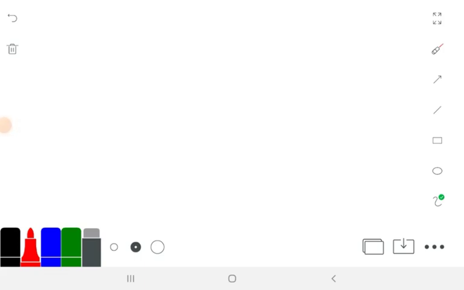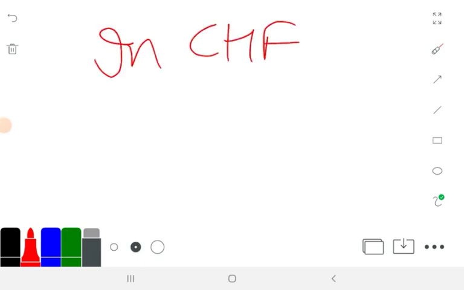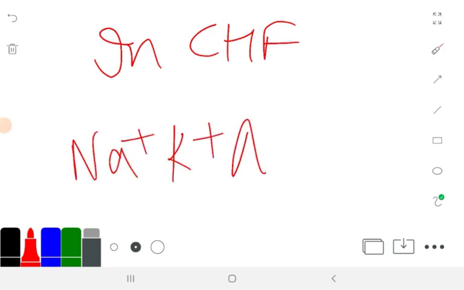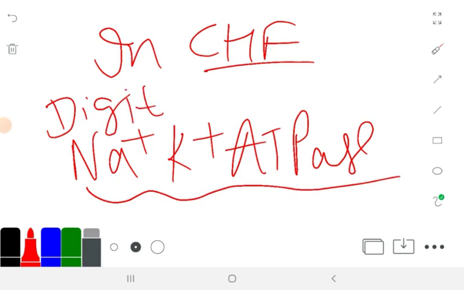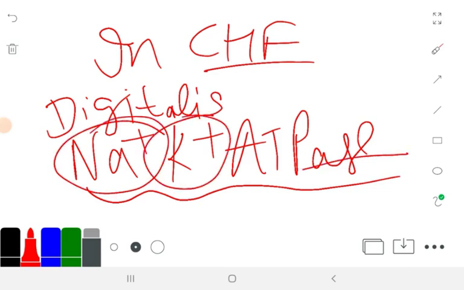So how does digitalis work in congestive heart failure? Digitalis acts by inhibiting the sodium potassium ATPase of myocardial fibers.